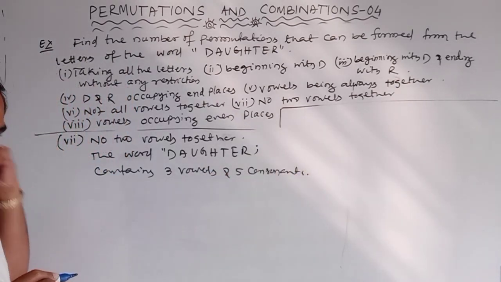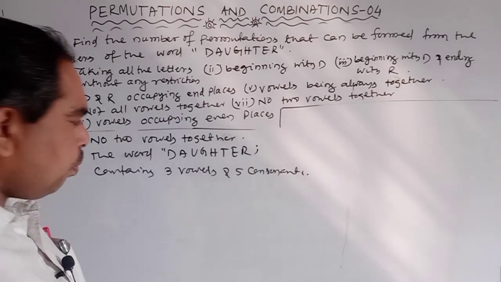So first the 5 consonants can be arranged in a row.